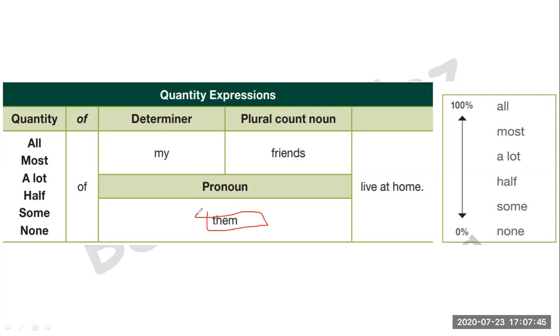So we say all of us go to school. Half of them live at home. Most of them go to the river. But we are not mentioning friends, we are not mentioning students, family, anything of that. Understand? So when you use a pronoun, you don't say the plural, the noun. But when you use a determiner, yes, you have to say friends, students, who are you talking about, right?